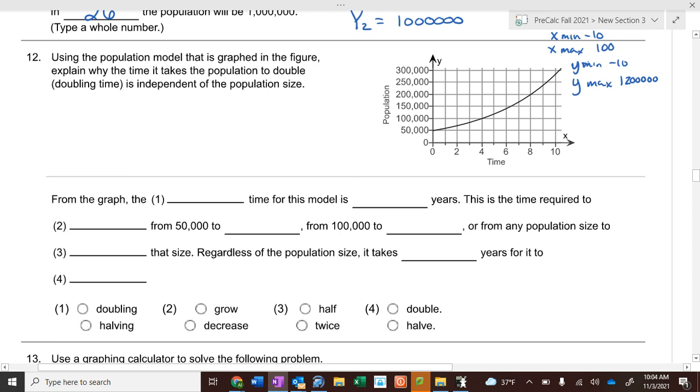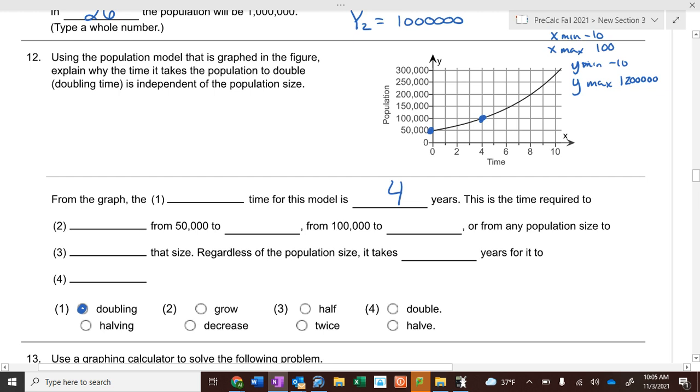Use the population graph in the figure to explain why the population doubling time is independent of the population size. Okay. So initially it's at 50,000. It hits 100,000 at 4 years. So the time for it to double is 4 years. The doubling time is 4 years. Okay?